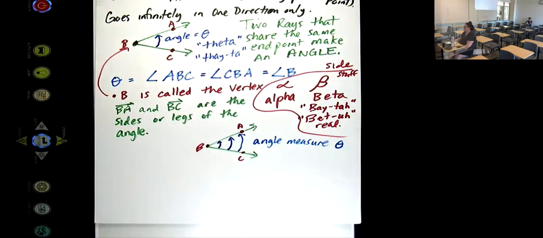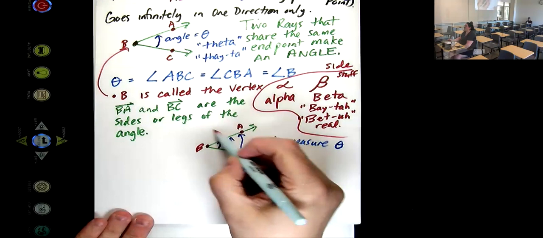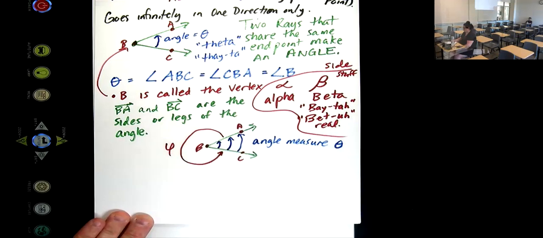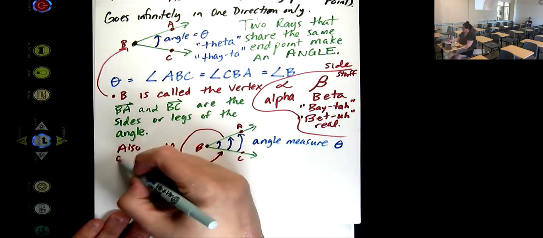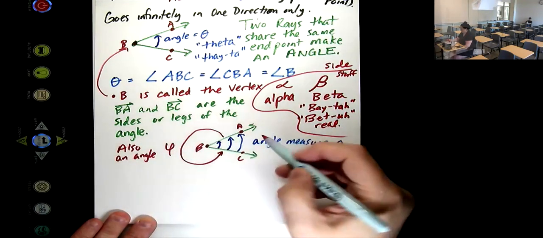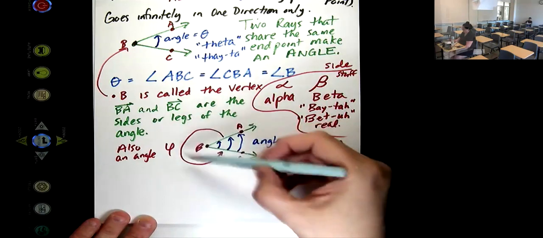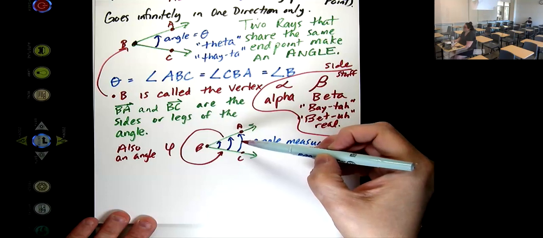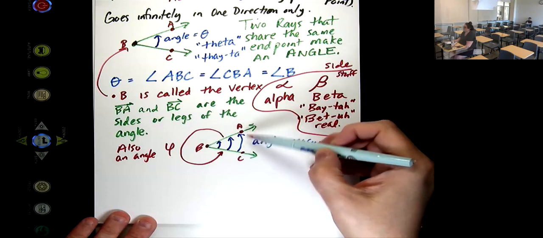There is another angle that is shown here though. This is another angle. Maybe we'll call that theta or psi. I think that's psi. This is also an angle. It sounds funny saying between two sides, because between looks like this side.